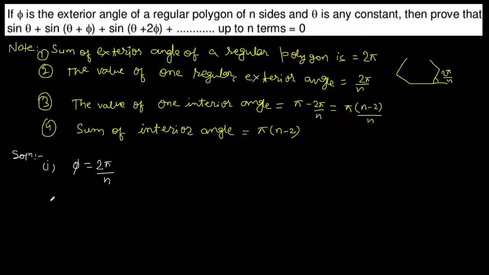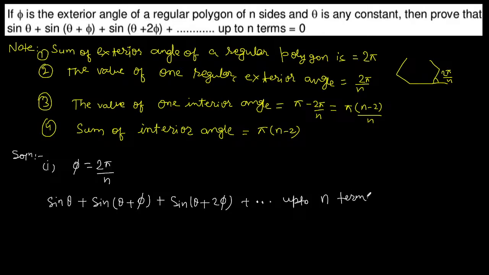Then prove that sine theta plus sine theta plus phi plus sine theta plus 2 phi plus dot dot dot up to n terms is sine n beta by 2 upon sine beta by 2 into sin. Beta is here phi.